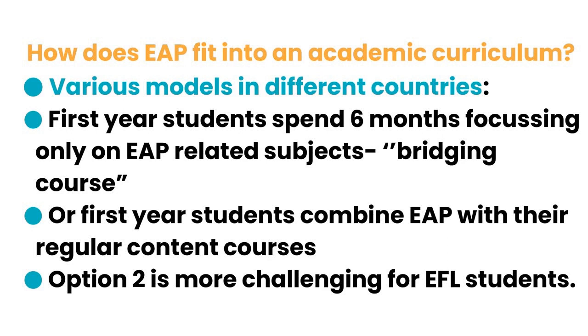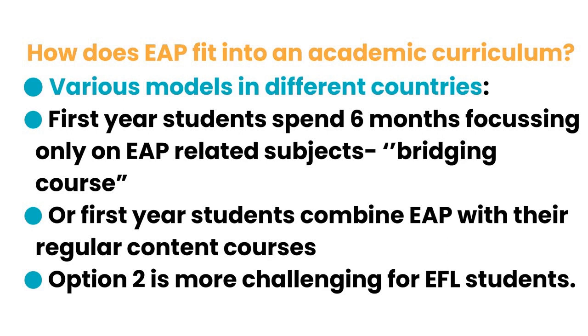So, for example, first year students would spend 6 months focusing only on EAP related subjects. So, this could be a bridging course or sometimes called foundational studies. Typically, they would have the beginning of their course front loaded with an intensive English language study at advanced level.